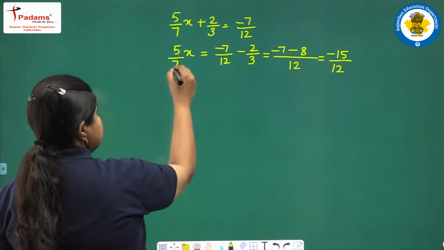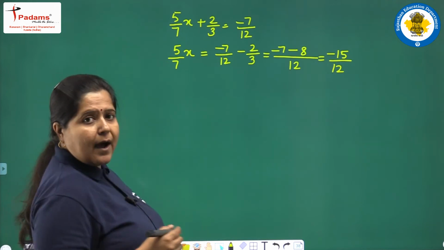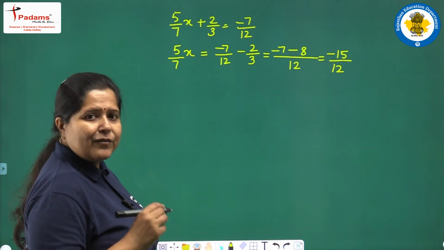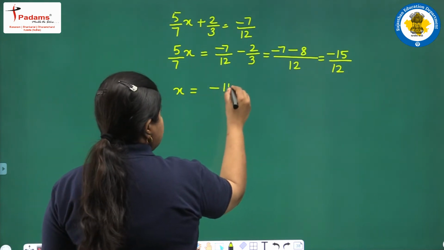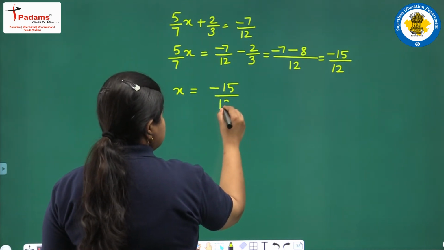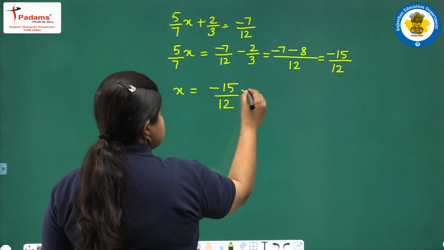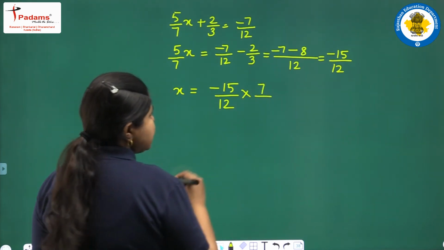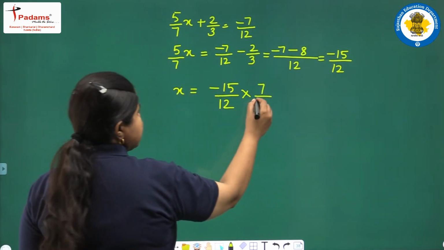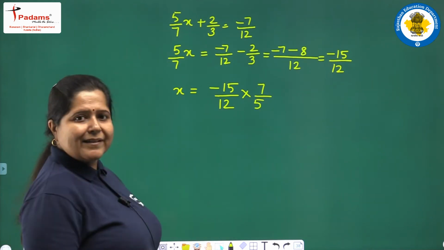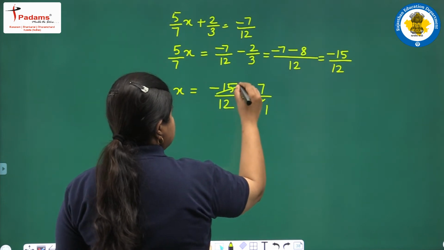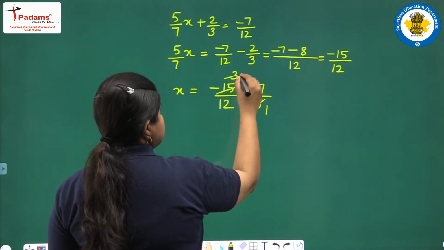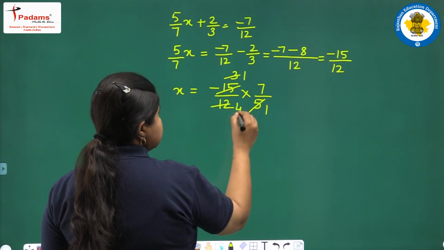Now this 5 and 7 needs to be taken to the RHS to find the value of x. How we will do this? Minus 15 by 12 is already in the RHS. This 7 is in the division part, take it into multiplication, and 5 is in multiplication, it will come in the division part. Now we can easily cancel, 5 1s are 5, 5 3s are 15, 3 1s are 3, 3 4s are 12.